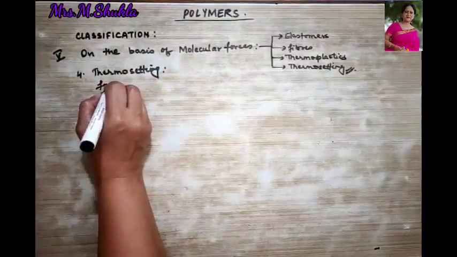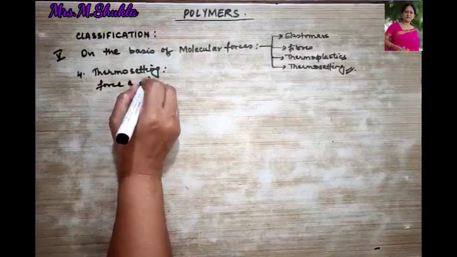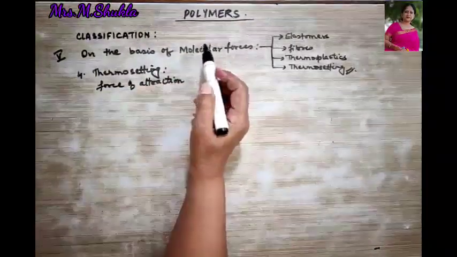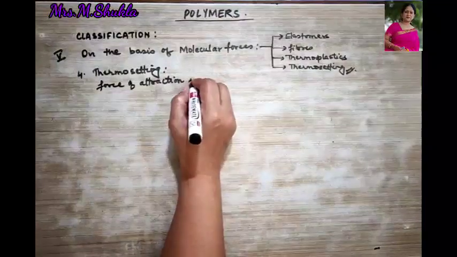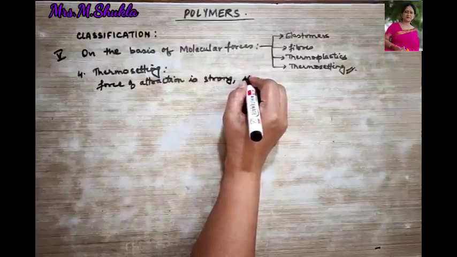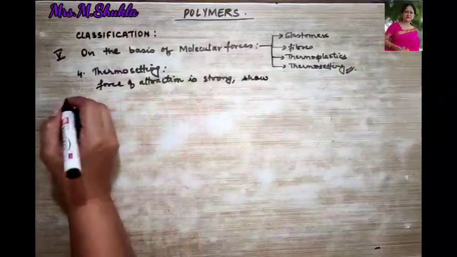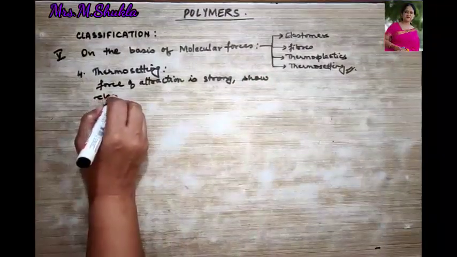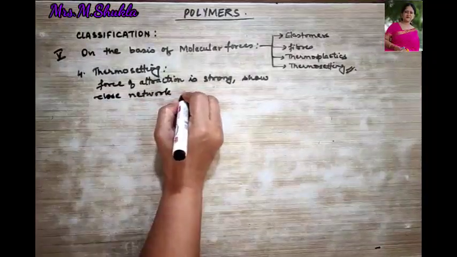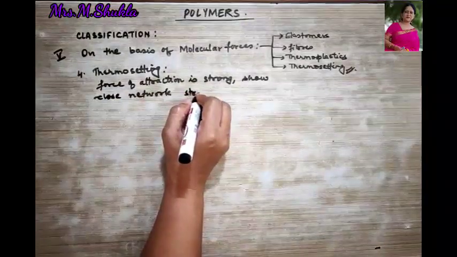What did I say over here? The force of attraction between the molecules of these kind of polymers is strong, right? They show a close network structure.